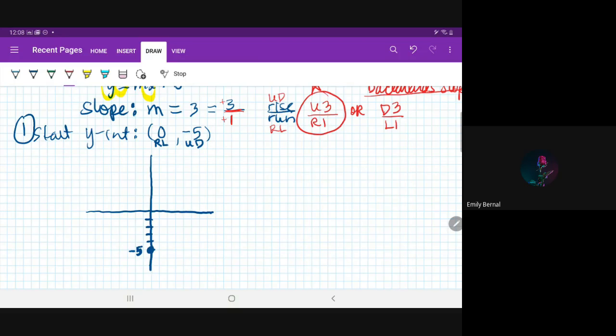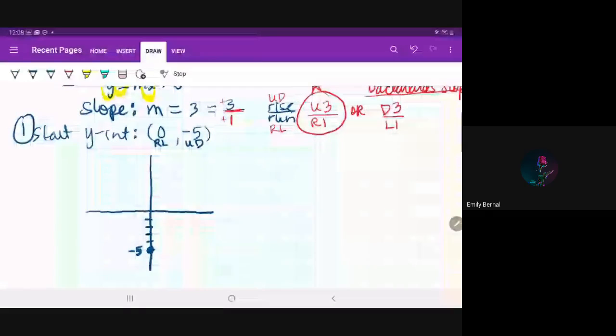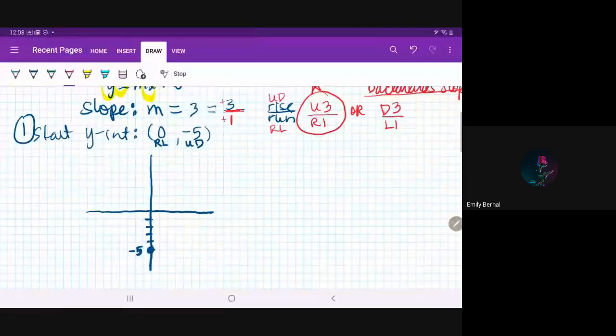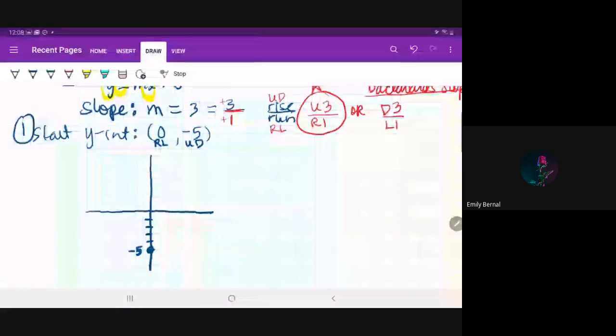1, 2, 3, 4, 5, 6. Carissa, are you here? Carissa, are you here? Okay, so type here. Okay, 1, 2, 3, 4, 5, 6, 7. Who are we missing? I think we're missing Jabriel. And then who else are we missing? I know I'm missing Brandon.